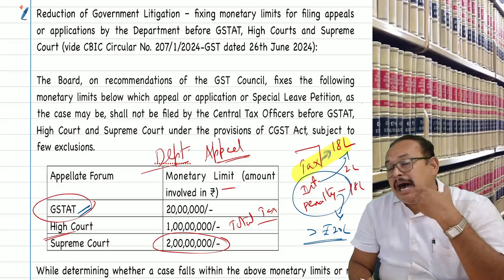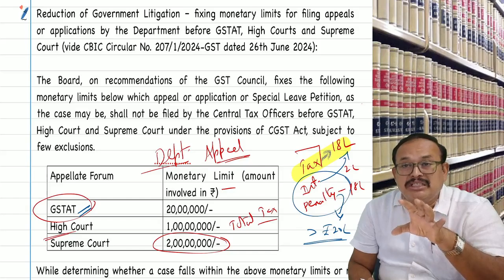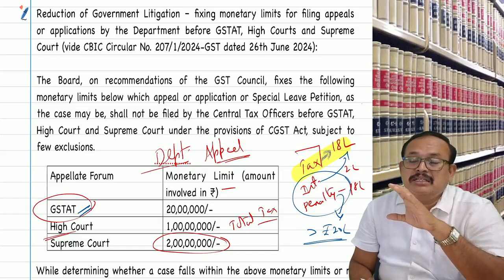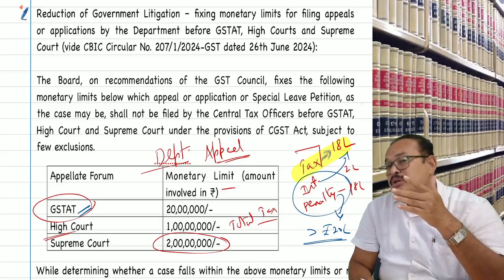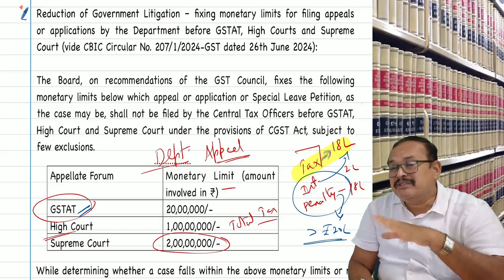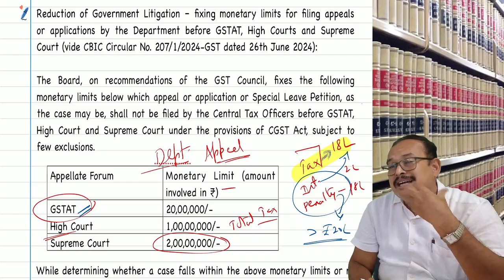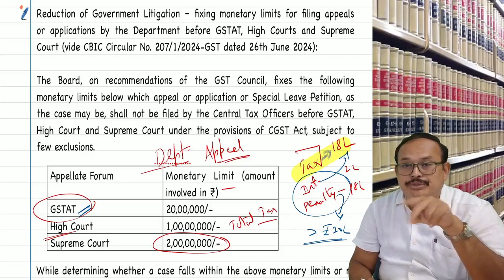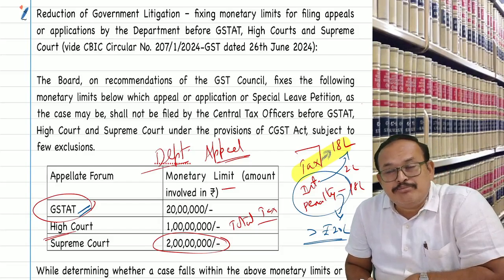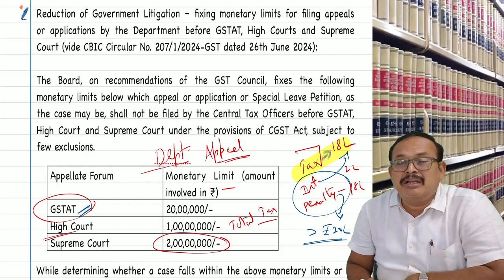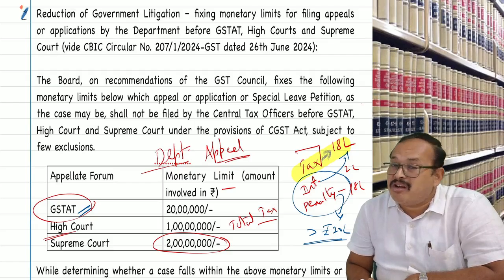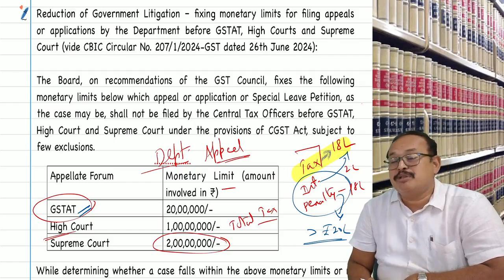If the High Court gives an adverse decision, the matter is not appealable to the Supreme Court by the department if the tax amount does not exceed 2 crores. You get my point?